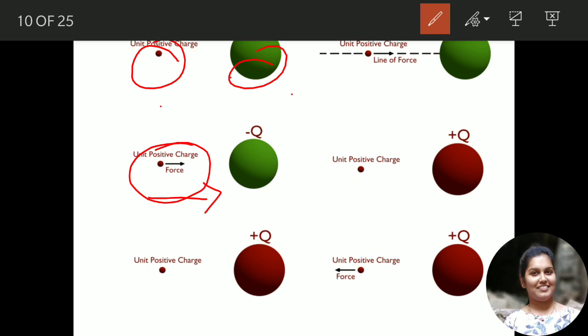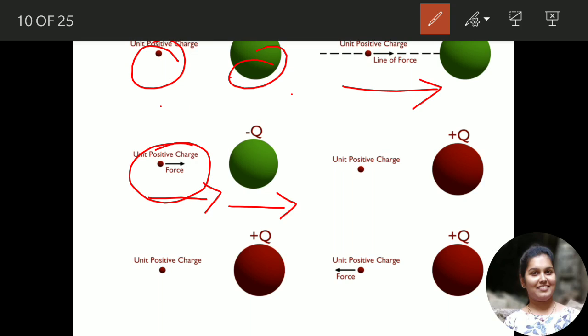If it is free to move, it will move towards the negative charge along the straight line joining the center of the unit charge and the center of the said negative charge.